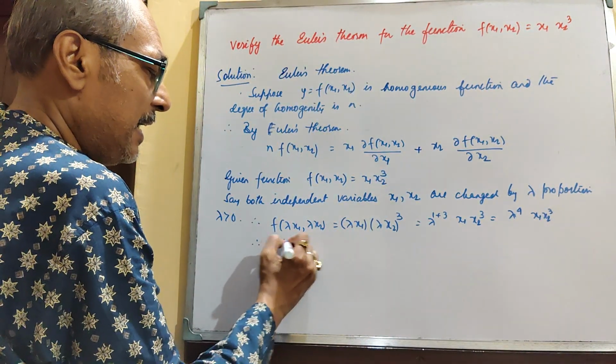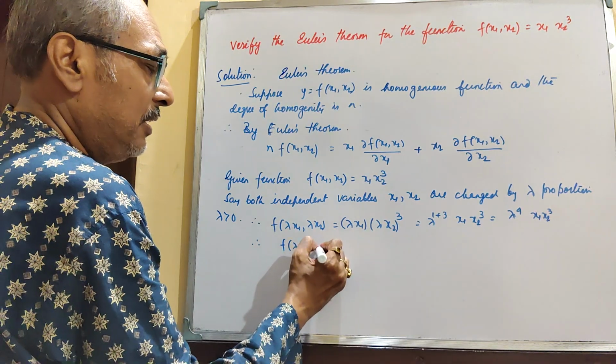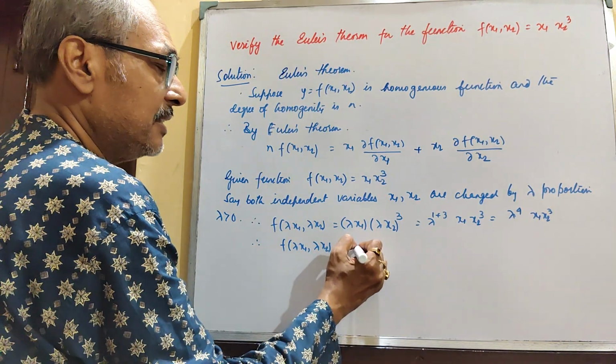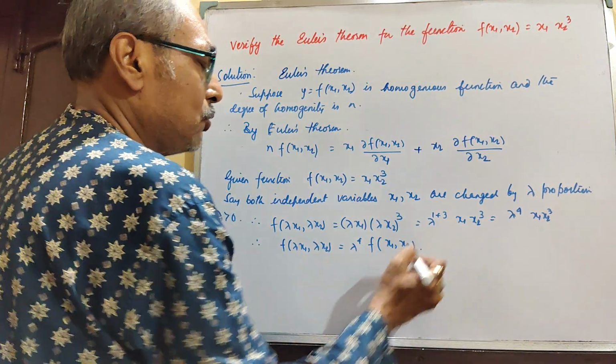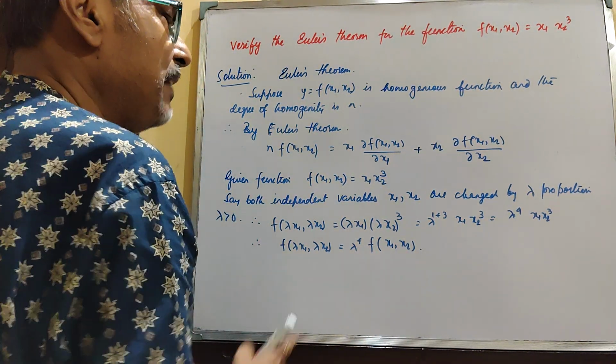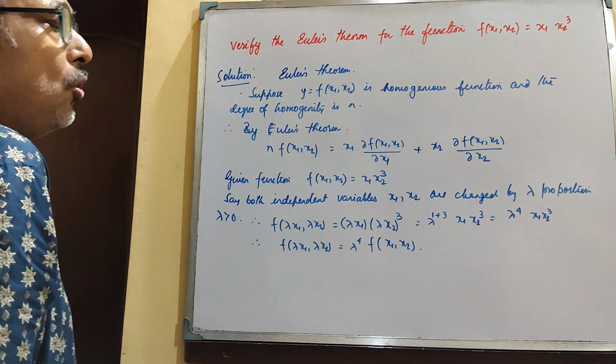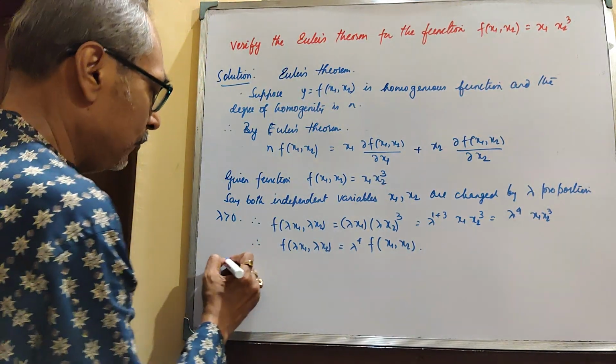Therefore, f of lambda x1 lambda x2 is lambda to the power 4 f of x1 comma x2. This shows that the given function is homogeneous of degree 4.